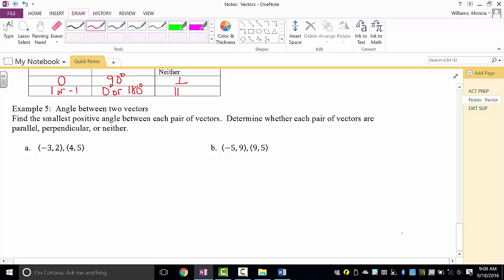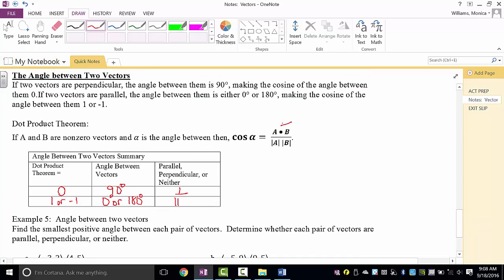So, before I start the example, I need to point out something. Keep in mind that this means dot product. And in your denominator, this is the magnitude of your two vectors.